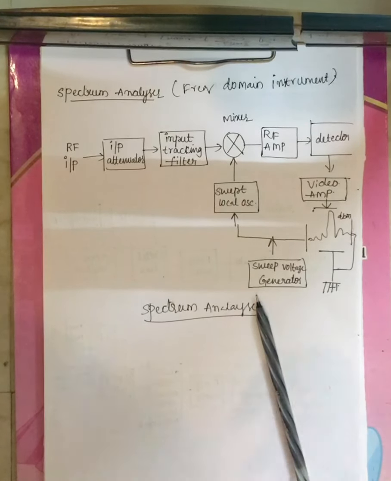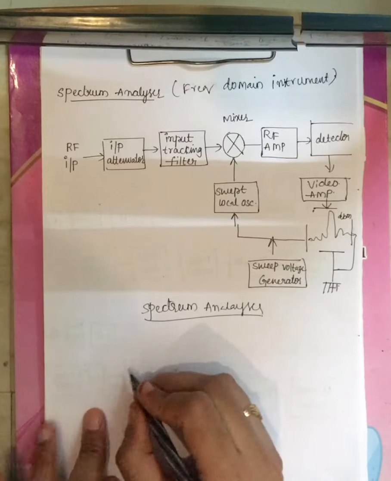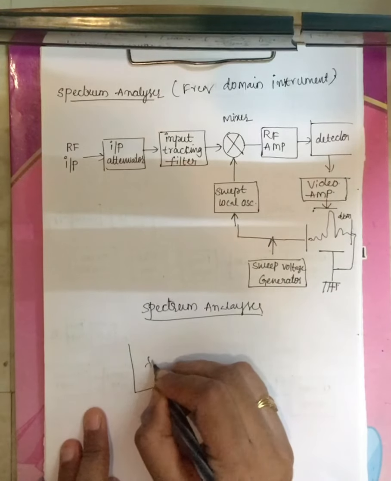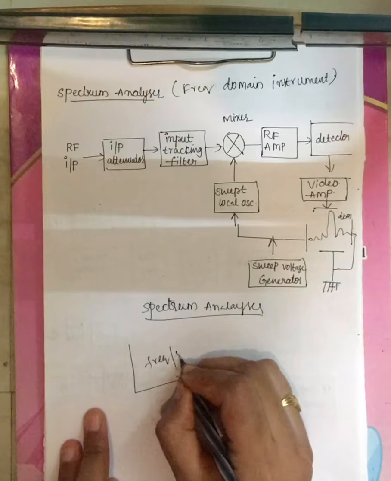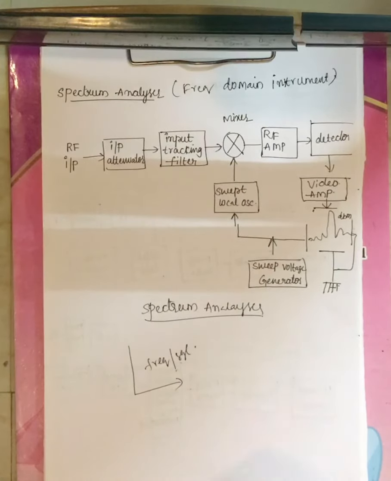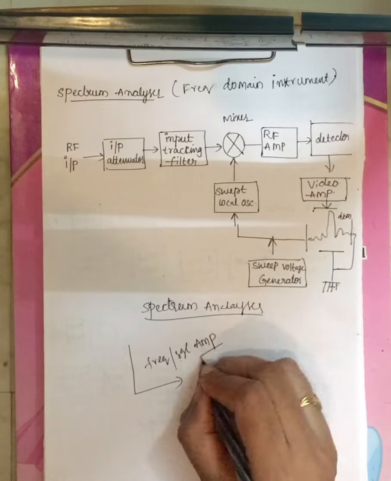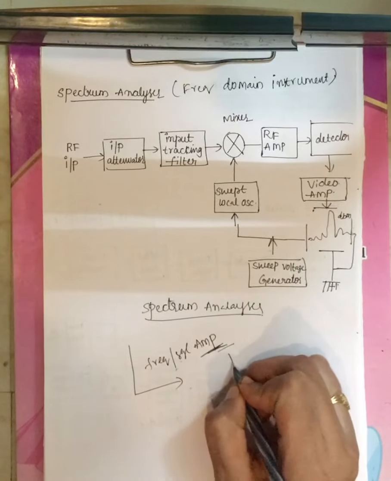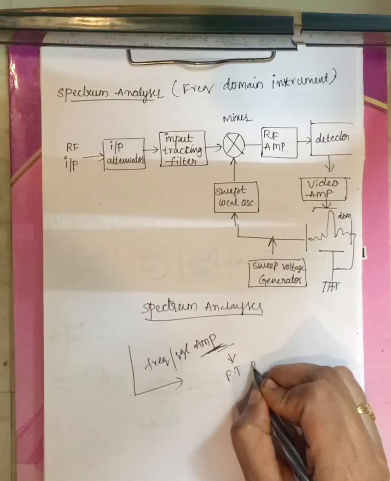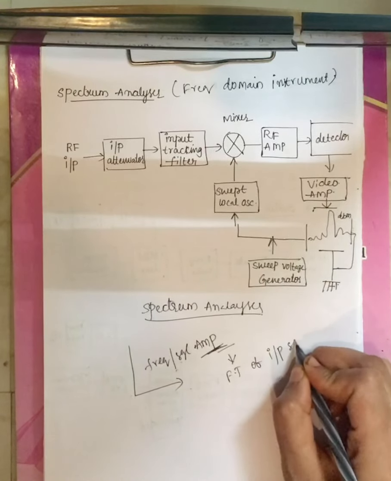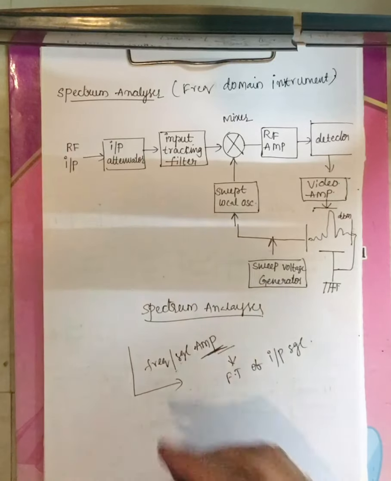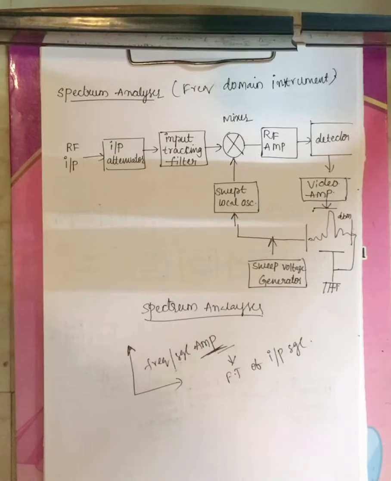It gives the plot of frequency versus signal amplitude, and this signal amplitude is the Fourier transform of the input signal.